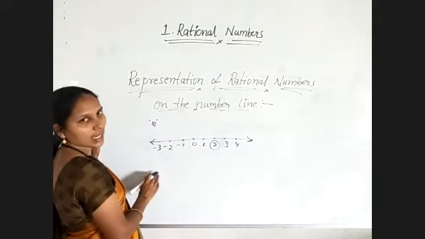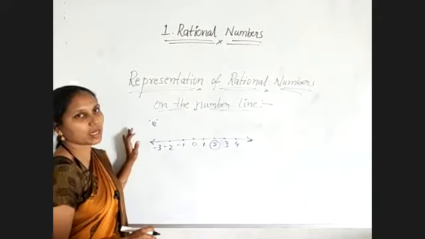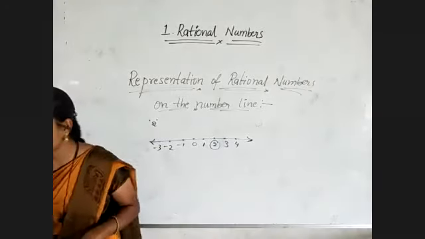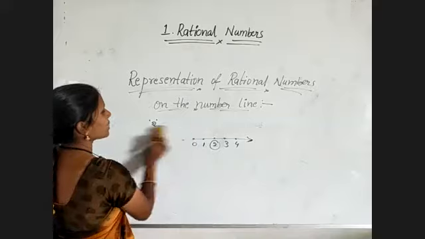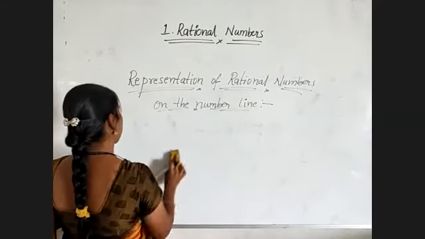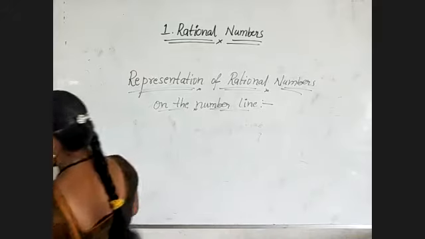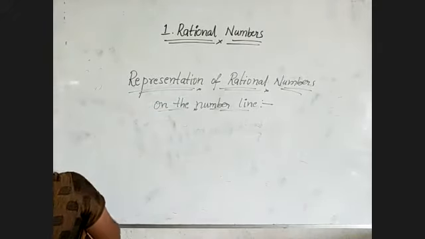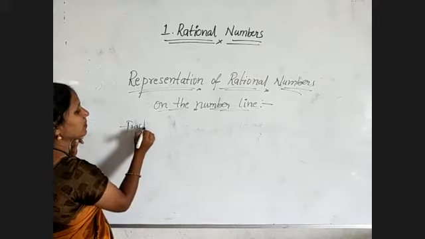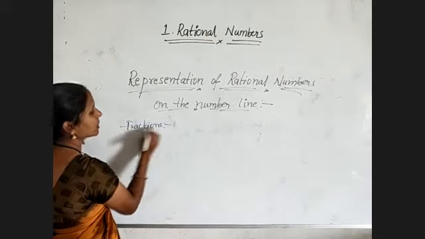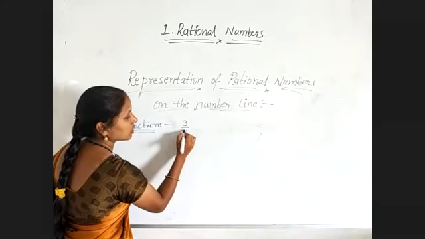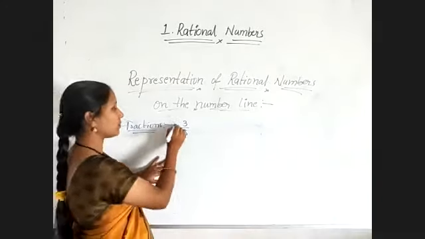So I will just write like this. This is the representation of normal numbers. For integers it is easy. And you have studied fractional numbers, how to represent fractions. So first of all I am explaining for fractions. You know there are several types of fractions.